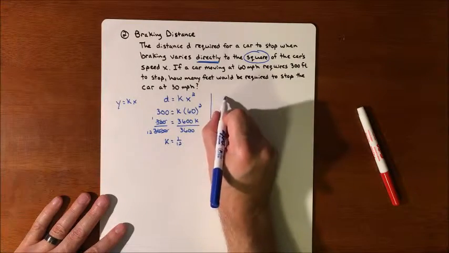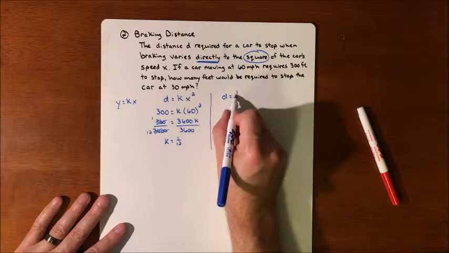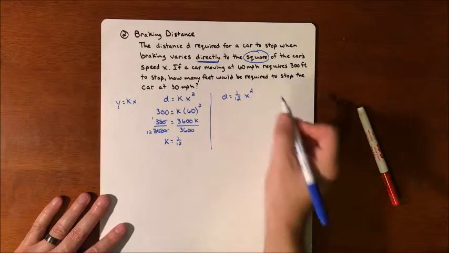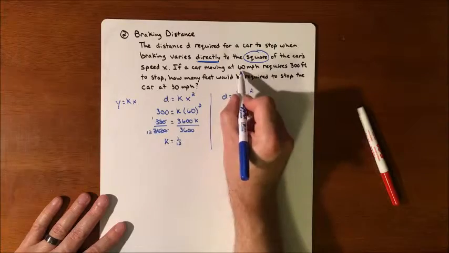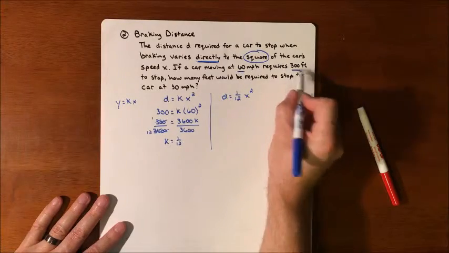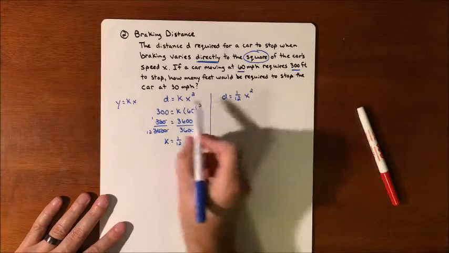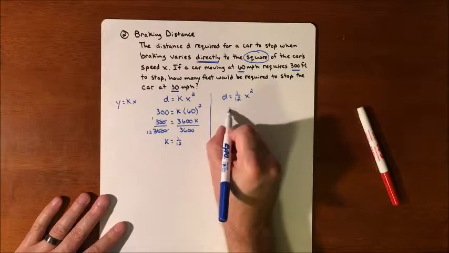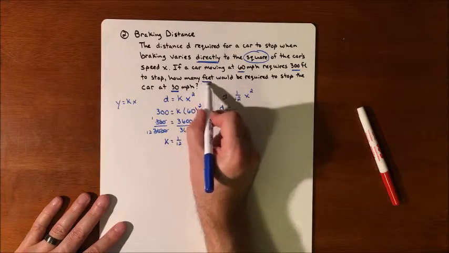So jump back to the original. The original was d equaled k. We have a value for that. And then times x squared. And x is our speed. So we use the 60 and the 300. It says how many feet is it going to require now to stop the car at 30 miles per hour? So we don't know the distance. They're asking that of how many feet.